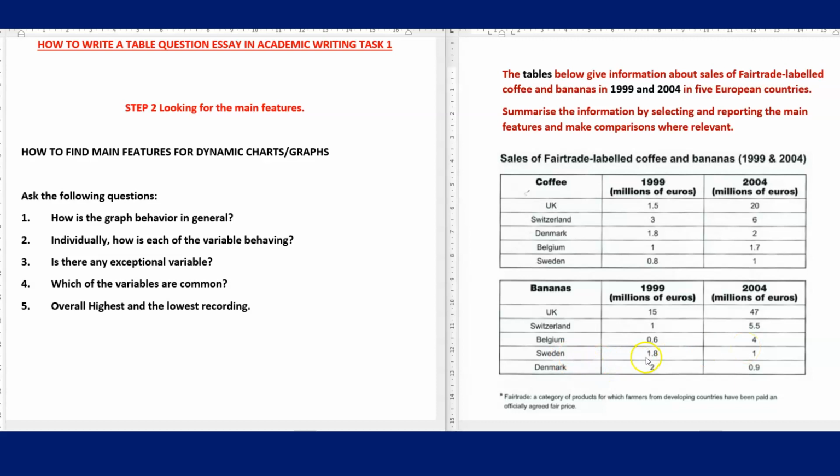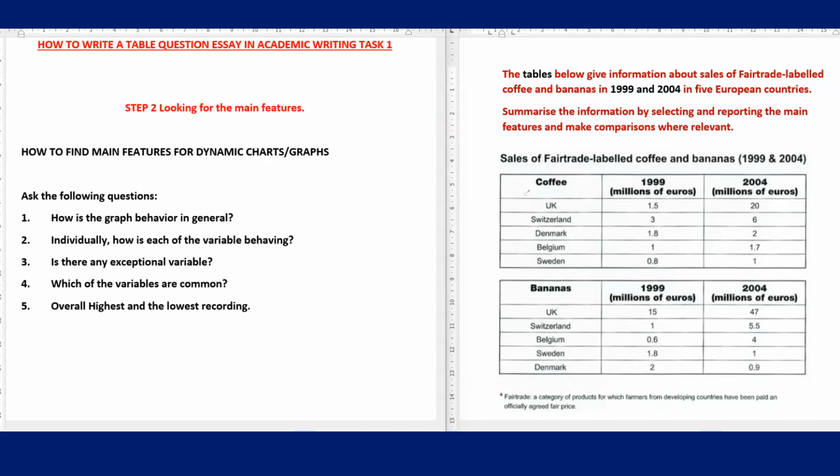But when we take Sweden, 1.8 to 1, Sweden reduced in the amount they spent to buy banana on the world market in 2004. And Denmark, from 2 to 0.9, also shows a decrease in the amount they spent to buy banana on the world market in 2004.